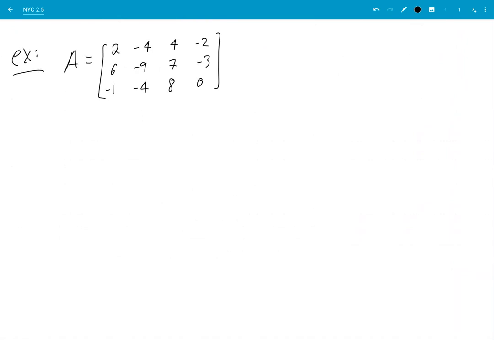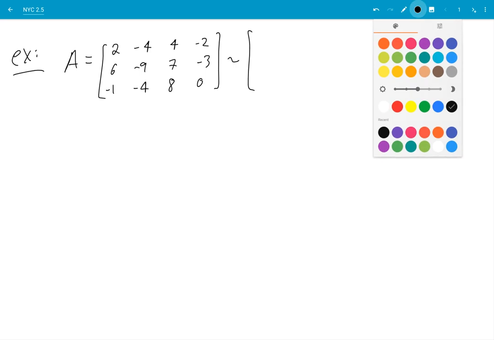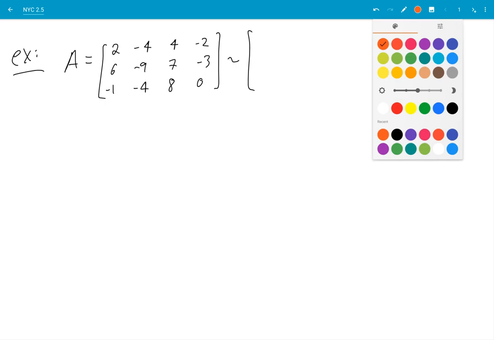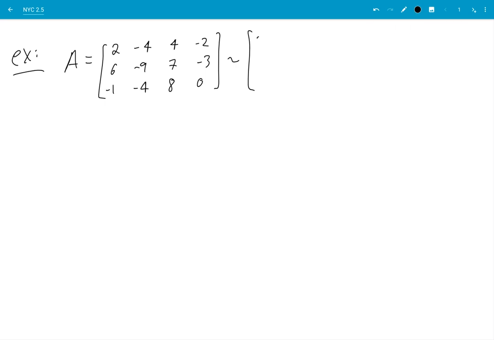Okay, so I'm going to very basically reduce this to echelon form. Don't do anything fancy. Only replacements and only use your current pivot to kill things below. So I'm going to leave that first row alone.